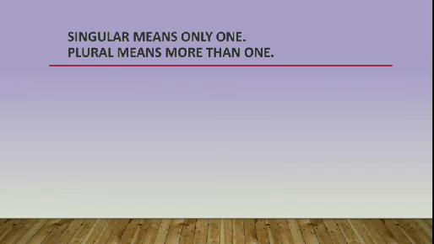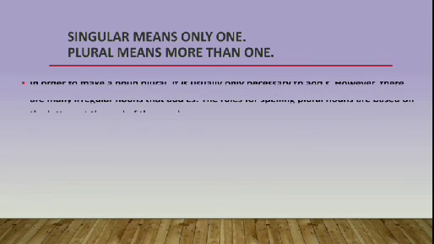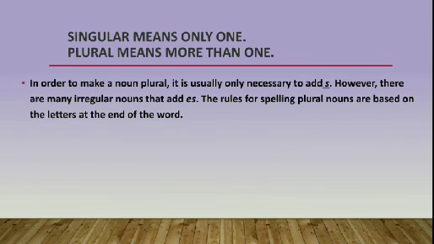Now, we have to know what changes happen to make a singular noun into plural. If we have to make any singular noun into plural, what do we have to do? We have to add the letter S. We generally add the letter S.